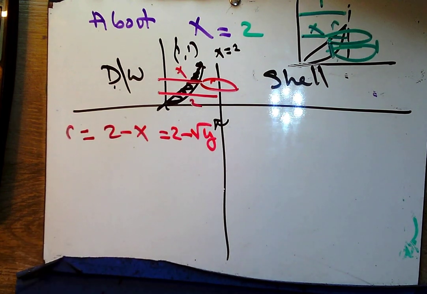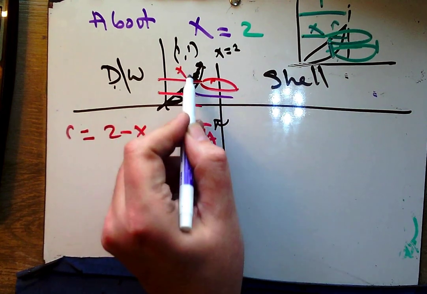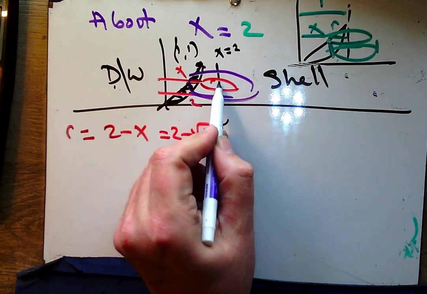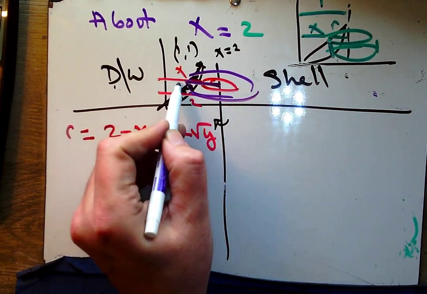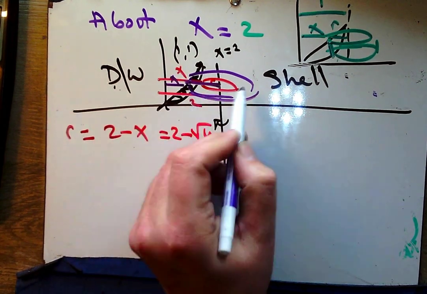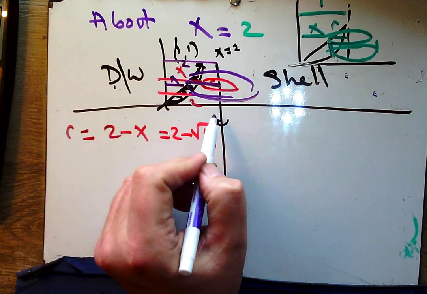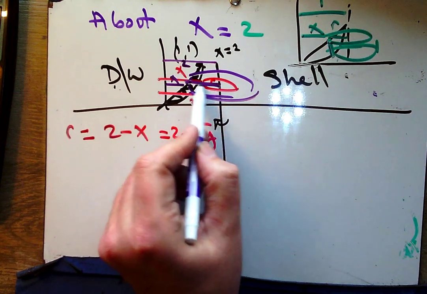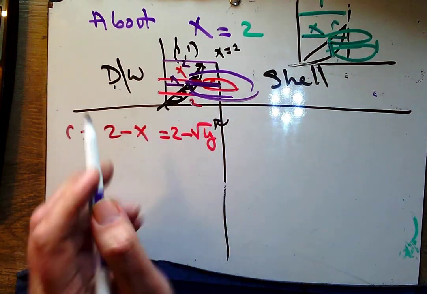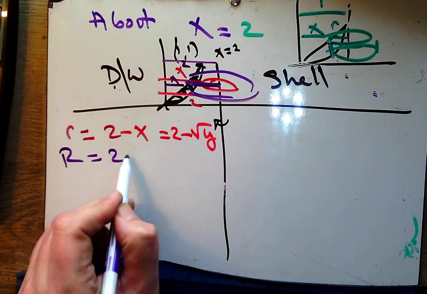Now, what about big R? Well, big R goes from here to here. Again, this distance is x. This distance is 2. And our radius is here. So big R equals 2 minus x.